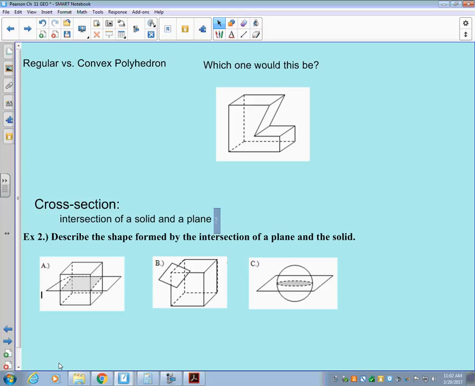The two-dimensional figure that happens in A is this guy right here, and that is a square. I will also allow rectangle if you want, because technically we have no information that this is a cube.